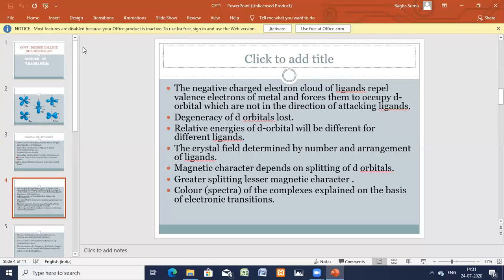Lesser splitting means more number of unpaired electrons, therefore more magnetic character. And the color, by the d-d transitions, the color and spectroscopy can be explained depending upon the electronic transitions.